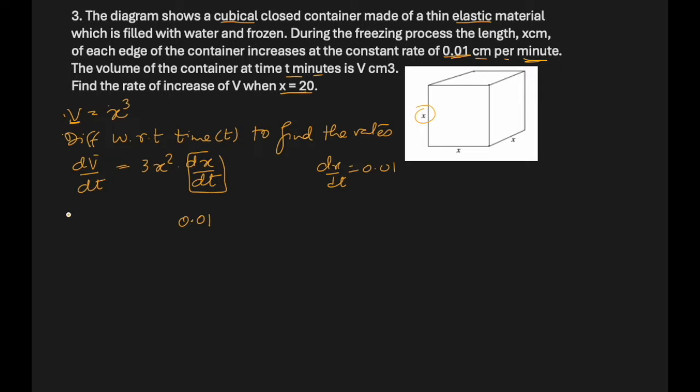So this is what they are asking. So dv over dt when x is 20, so 3 times 20 square. Specifically at this time, what is the rate of increase of volume? So it is 400 times 3, 1200 times 0.01, which is 12. Now the unit has to be centimeter cube per minute.